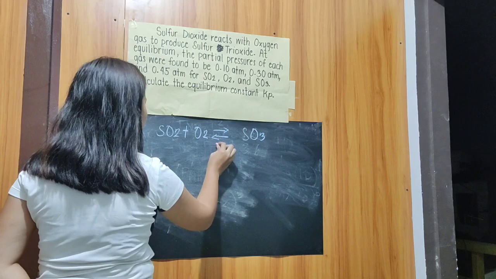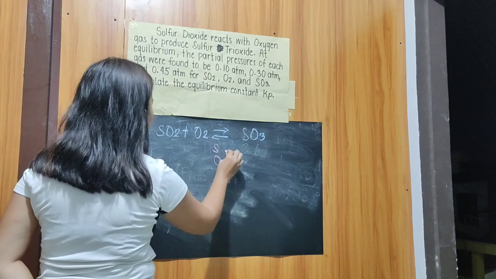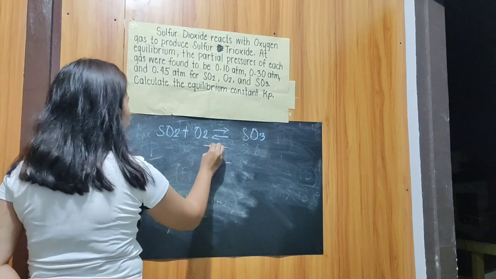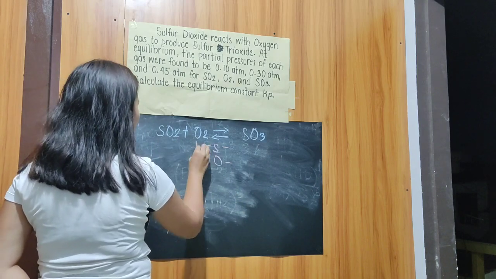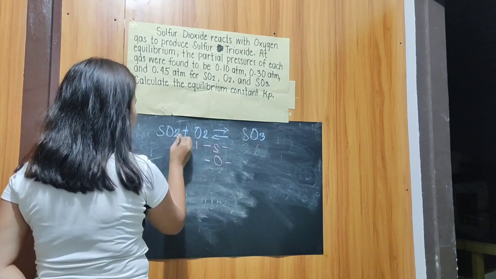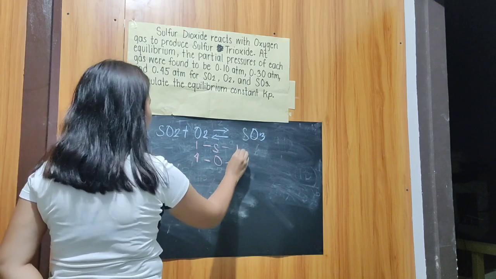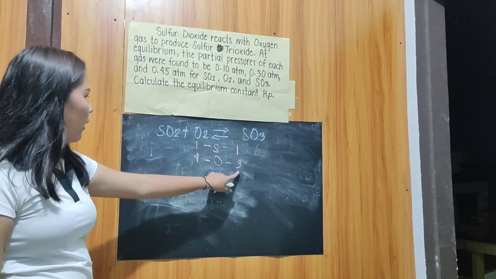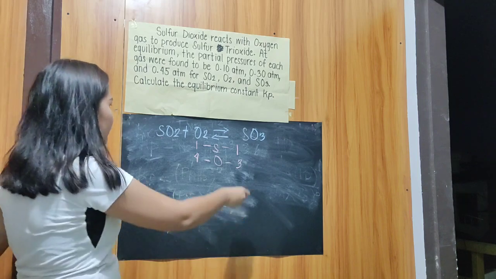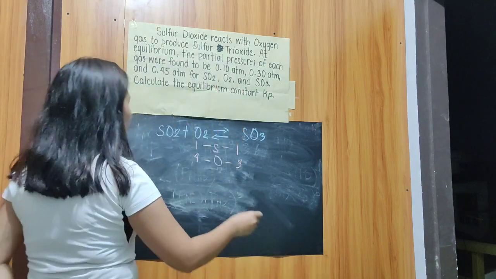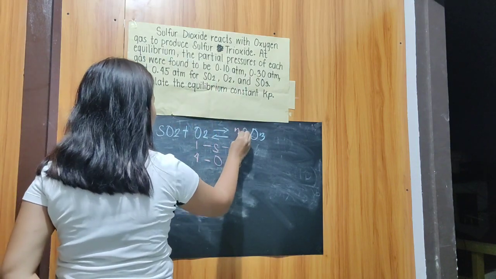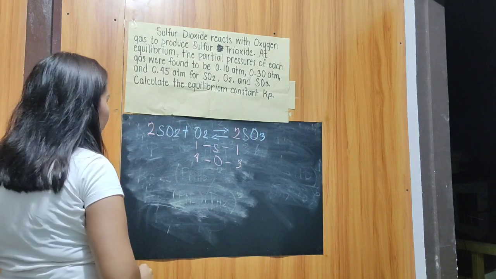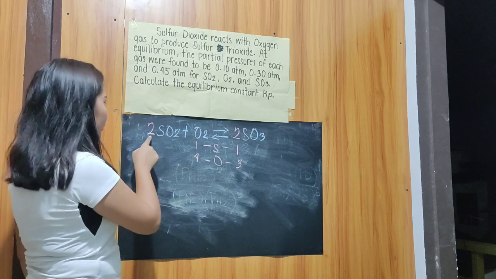So sulfur and oxygen. We have here 1, 2 plus 2, 4, and 3. So it is not balanced. So what we do is put coefficients.